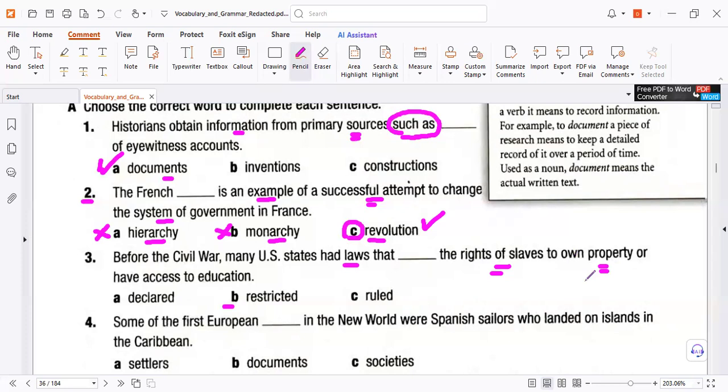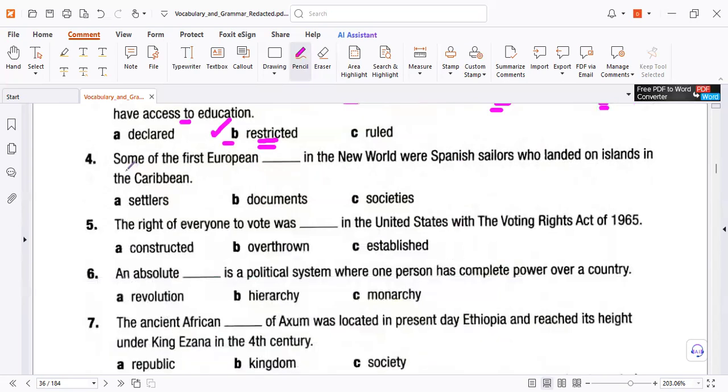Property is something to own, to have, like houses, for example, or lands, or to have access to education. So they put rules, limits, not to have something. And that was about the Civil War in the past. So restrict the rights of slaves is to make the rights limited, so you don't take all the rights in life.